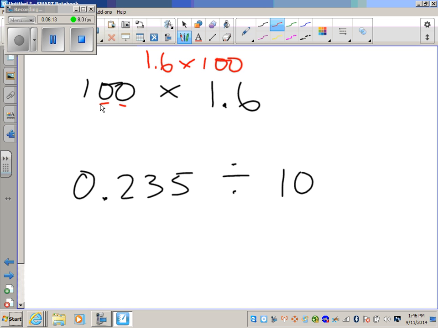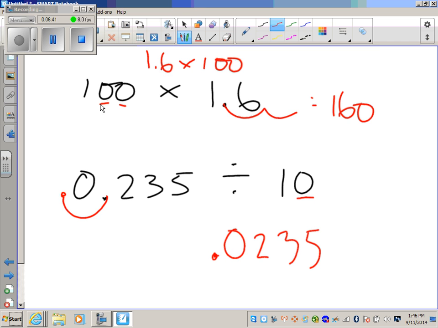Isn't it the same thing? You're multiplying. So how many places are you going to move the decimal? 2. To what direction? Right. 1, 2 equals. Now here, division, which means to the left, 1 place because of the 1, 0, and 10. So yes, we need to put the decimal. We need the 0, because now it's snuck in there. So 0.0235.